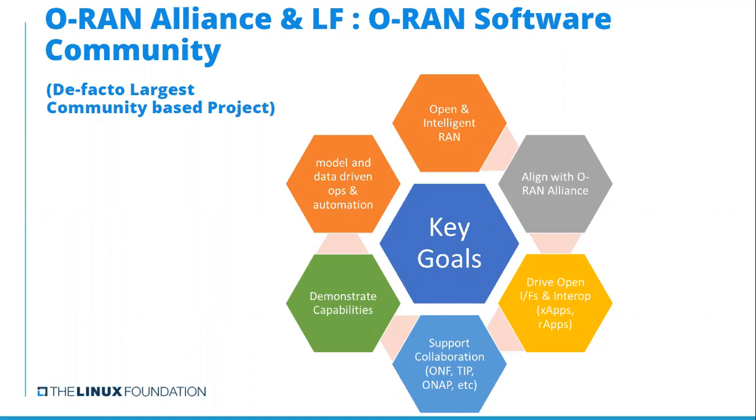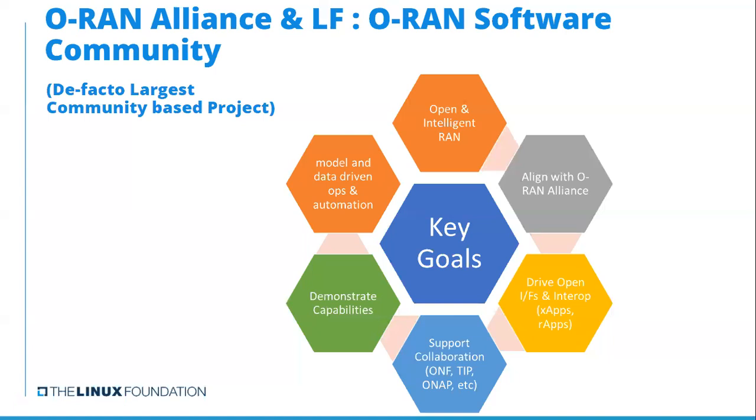Here, if you see the goals of the ORAN SC community, it is primarily to demonstrate the capabilities. If you already know, the ORAN Alliance has several subgroups, and each subgroup is responsible for coming up with specifications, and those specifications will have further details about specs and architectures, right?